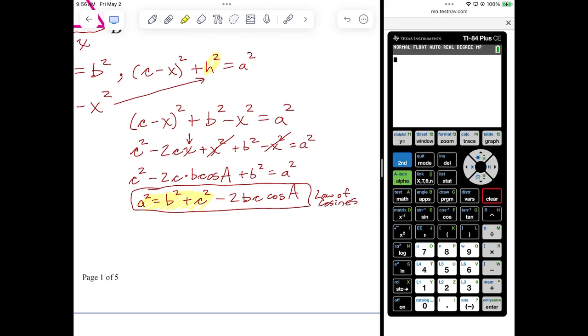The problem with the Pythagorean theorem is it only works for what types of triangles? Right triangles. What we just came up with is a formula, or a theorem, if you will, that works for not just right triangles, because it will work for right triangles, but it also works for oblique triangles, which means it actually works for all triangles.